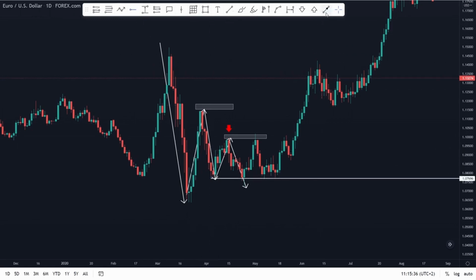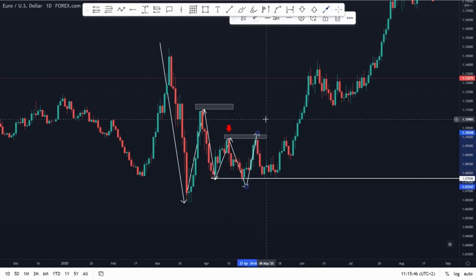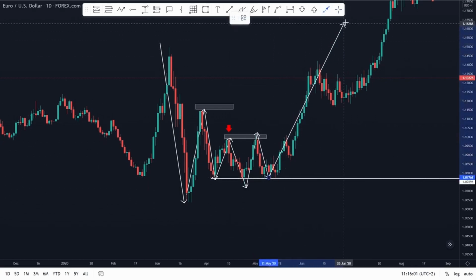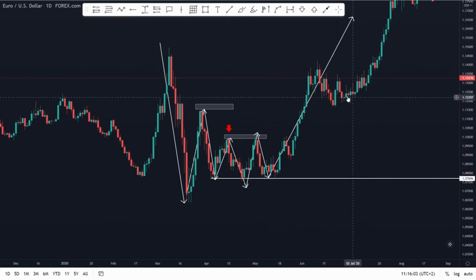As you can see, right now we just have to wait for the market to break this high here, which indeed was broken by this wick over here. So that means our trend has changed from here. Meaning when the market retraces back from here, we can look to buy from this area here. So that's why you see the market pushing higher, just like that.